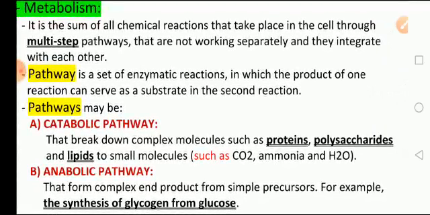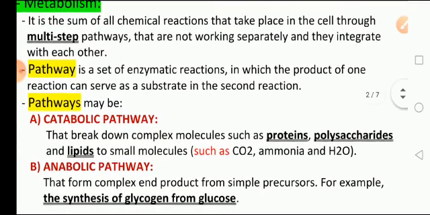This product will act as substrate number 2 for enzyme number 2 to form enzyme substrate complex number 2. This equals the product of one reaction can serve as a substrate in the second reaction. Okay.